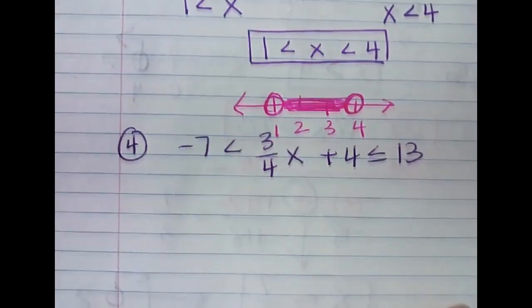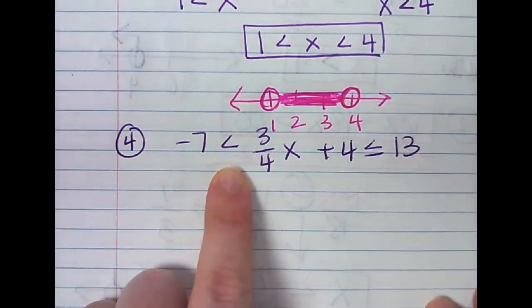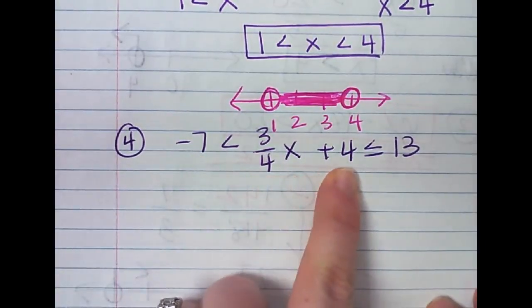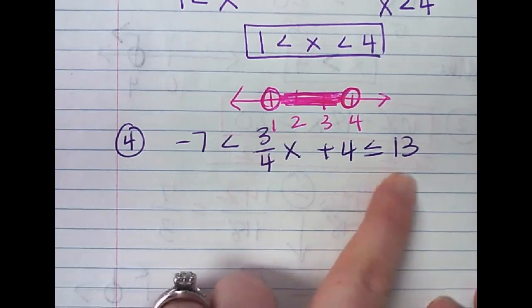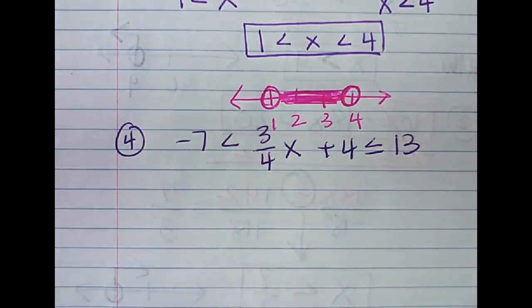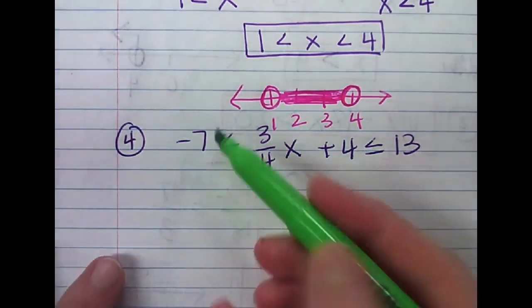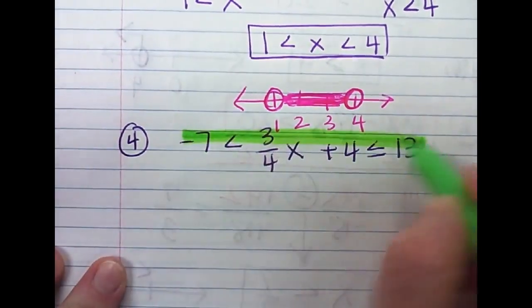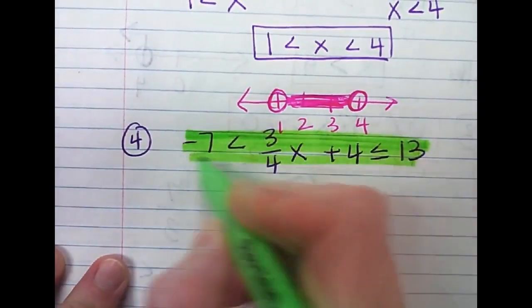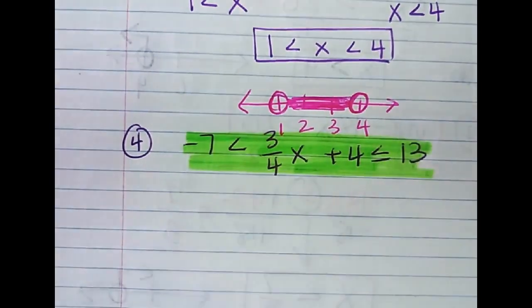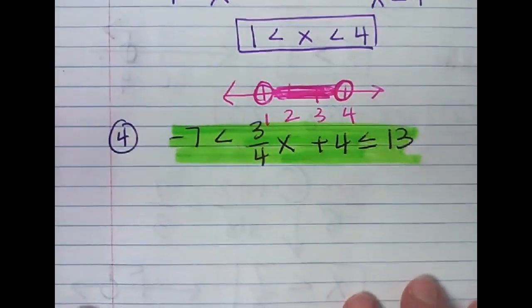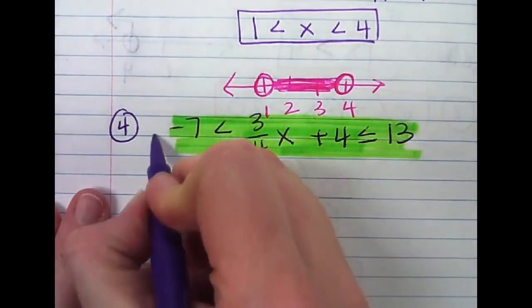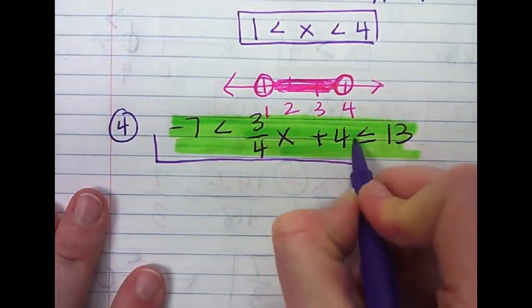Sorry, we're a little bit too close. Negative 7 is less than 3/4 x plus 4 is less than or equal to 13. So again, I'm going to split it up. So I'm going to do negative 7 all the way to the 4.